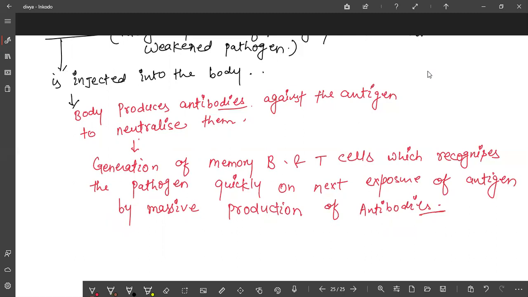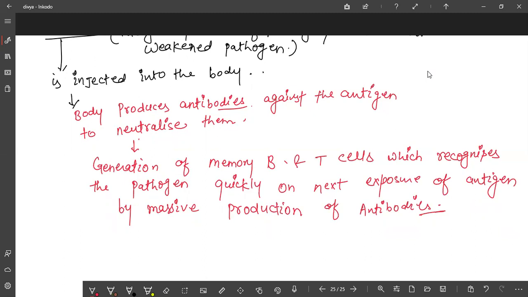If the next exposure to the same microbes takes place, then our body, especially memory B cells and T cells, will recognize the nature of the pathogen, and as a result a huge amount of antibodies will be produced, and those antibodies will neutralize the pathogenicity, or the antigenic property of the antigen. Okay, and our body will recover soon. So this is the principle of vaccination and immunization.